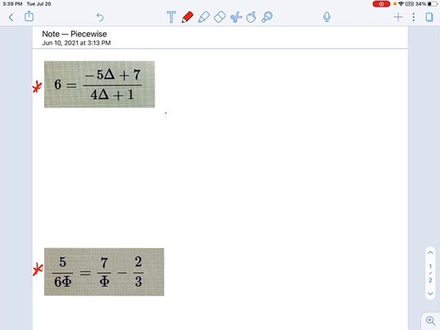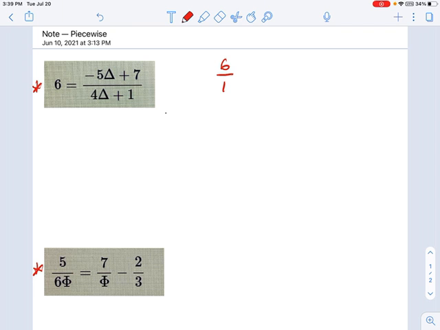When I have this thing, the problem with it is that I've got variables on top and bottom of a fraction. So the first thing I want to do is at least make sure that all the fractions are equal in their denominators. See right here, I have a denominator that's not equal to the denominator of that one. 6 doesn't even have a denominator. So let's write this over again.